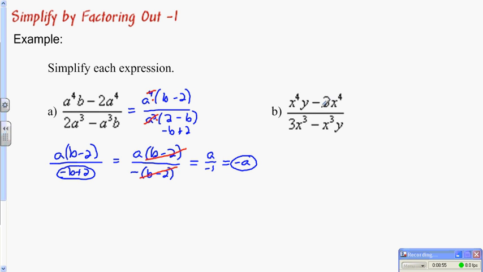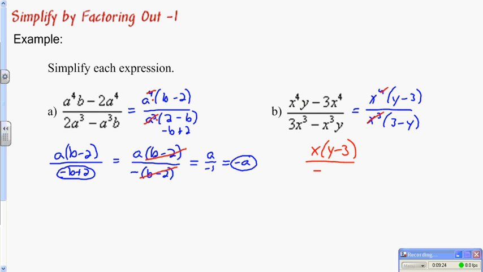All right, next one, similar situation. We have an x to the 4th in common, x to the 3rd. We can cancel that out. The x's, same as before, very similar question. And then we notice in parentheses we have opposites again.